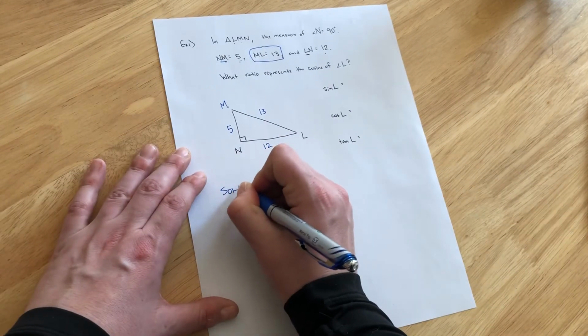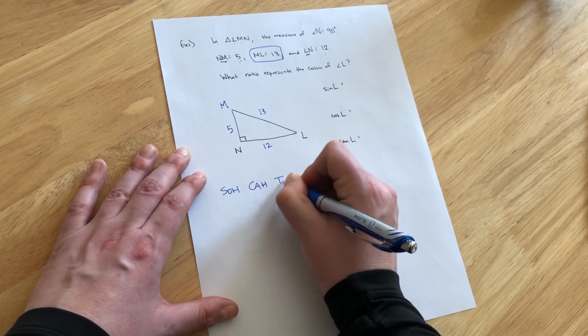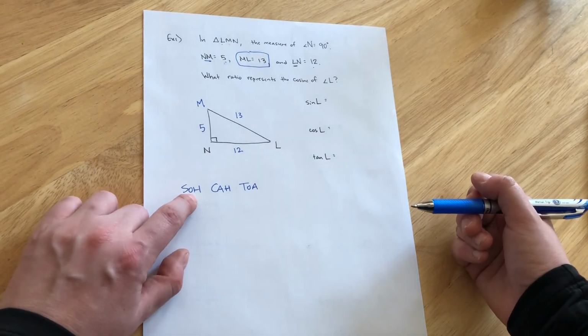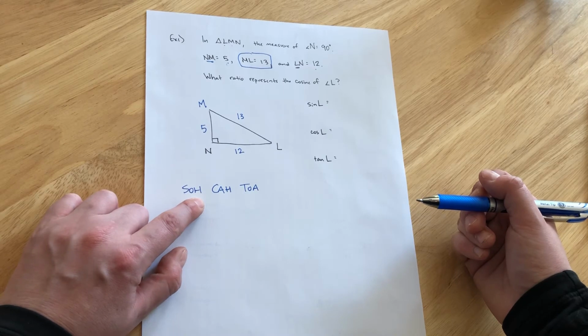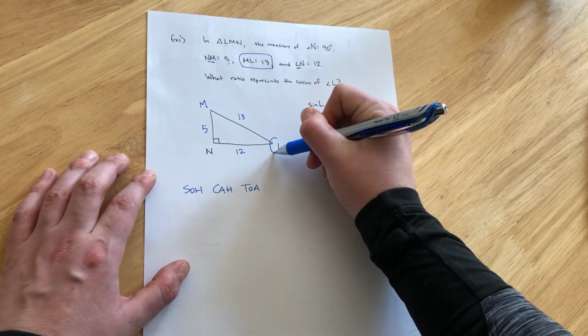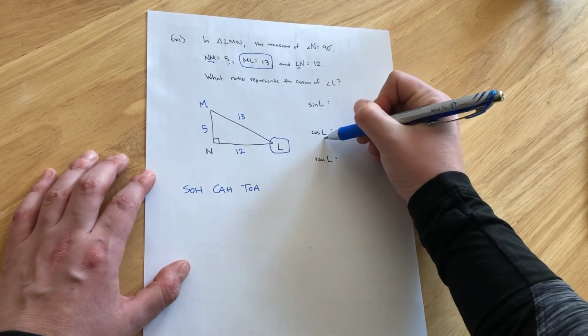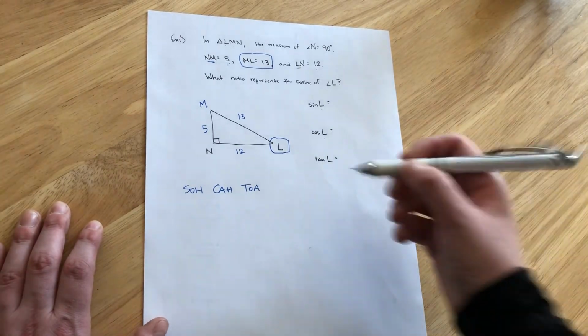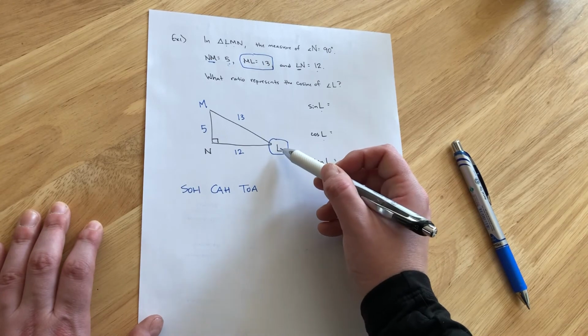So keeping in mind SOHCAHTOA, the sine ratio wants to put the opposite side over the hypotenuse. So we have to focus on angle L. And we might go through and label the sides based on their position to L.